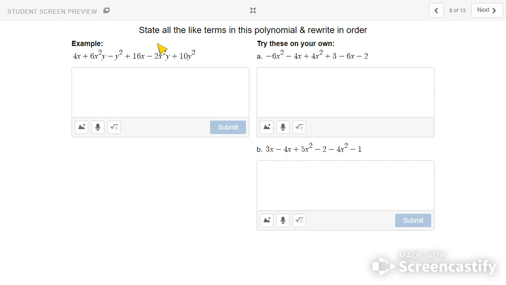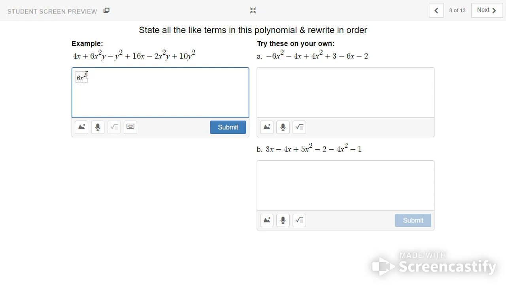Okay, state all the like terms in this polynomial and rewrite them in order. What we're going to do is we need to write it in alphabetic order, and then we're going to combine them. So remember, we start with the letters in alphabetic order, and if we have double letters, we're going to start with the highest exponent.